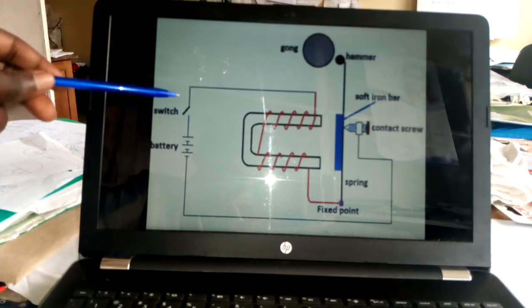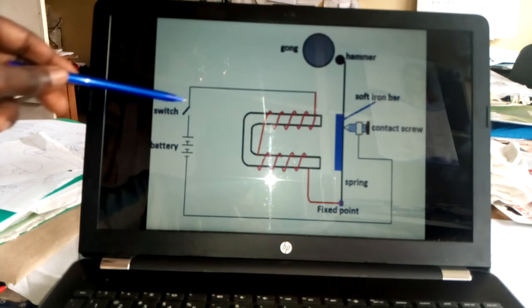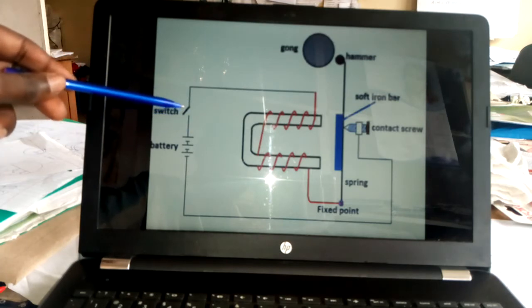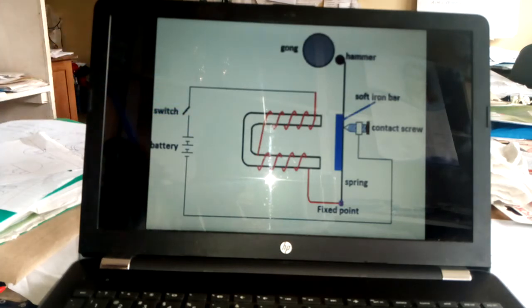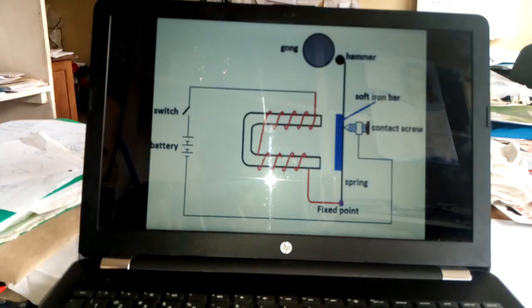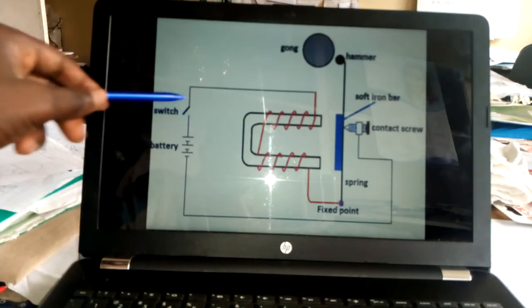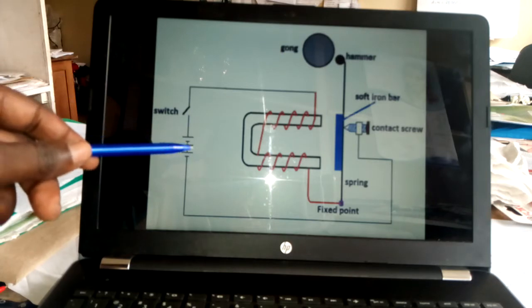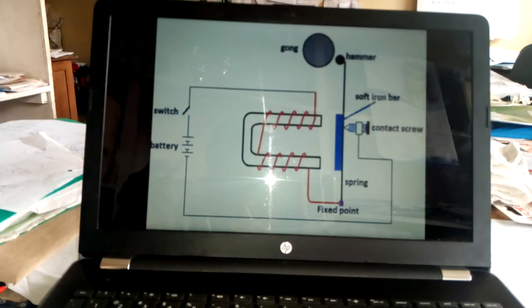We are starting from this point. The switch is open. And you can have a push button. Mostly you get push buttons in such systems. So whichever switch you have, it does not matter. We want to start with when the switch is on.